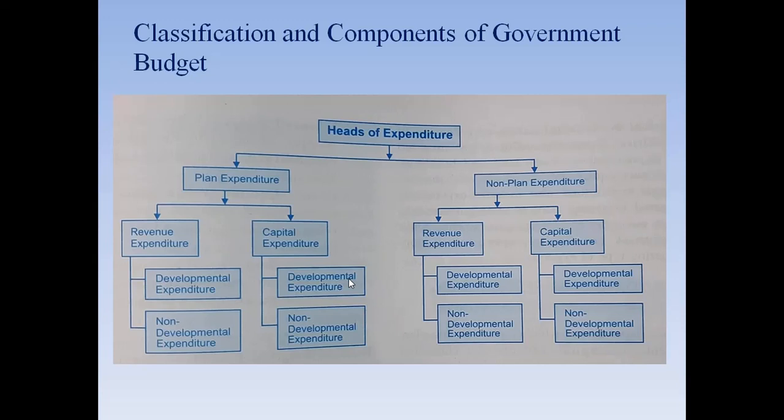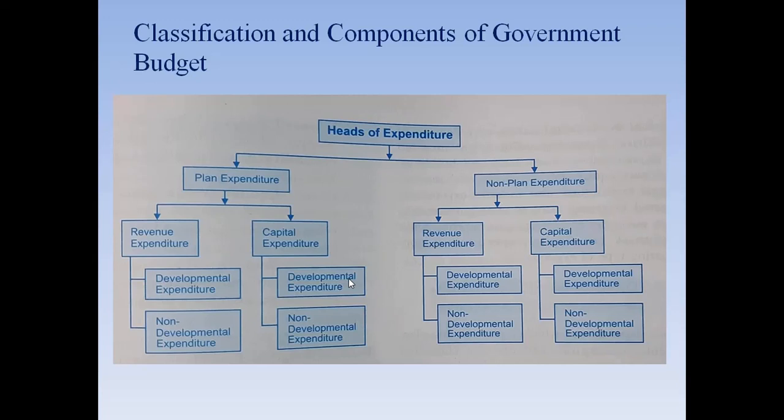If the government has taken a loan from the IMF or the World Bank, and now the money is being given back, it will not contribute to the development of the country. The loan will be paid off, the liability will be paid off. However, it is a capital expenditure, but it does not contribute anything to the development of our country.